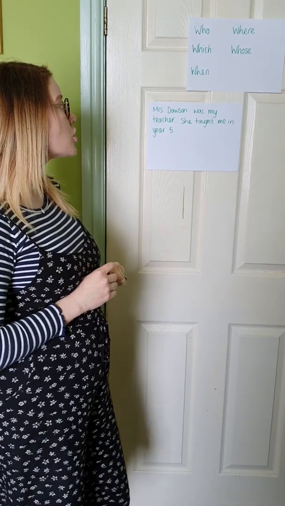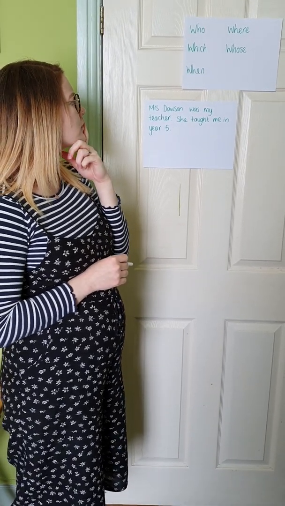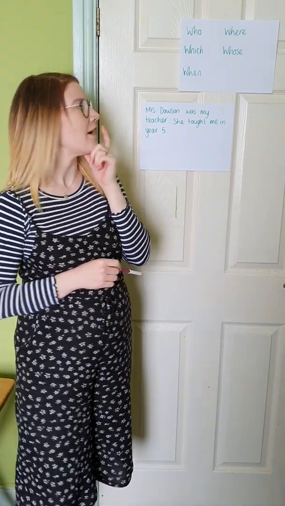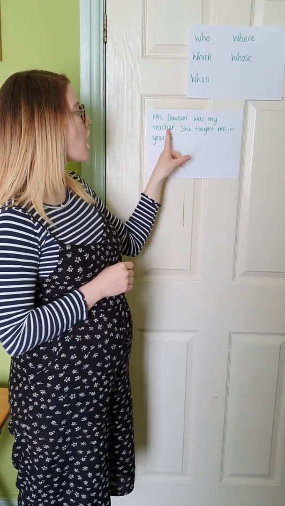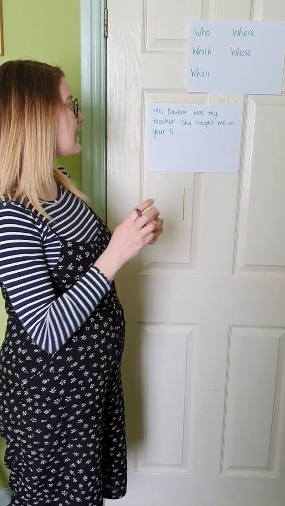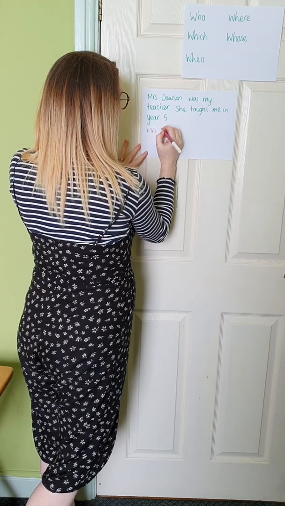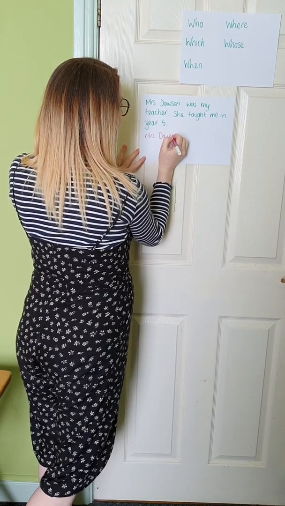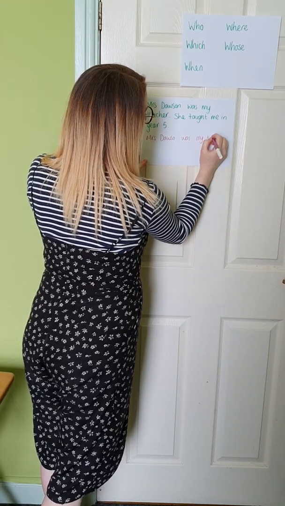So we could put, Mrs Dawson was my teacher, who taught me in Year 5. That works, maybe? Yeah? So we could go, Mrs Dawson was my teacher who taught me in Year 5. So we could write that underneath. So Mrs Dawson was my teacher.